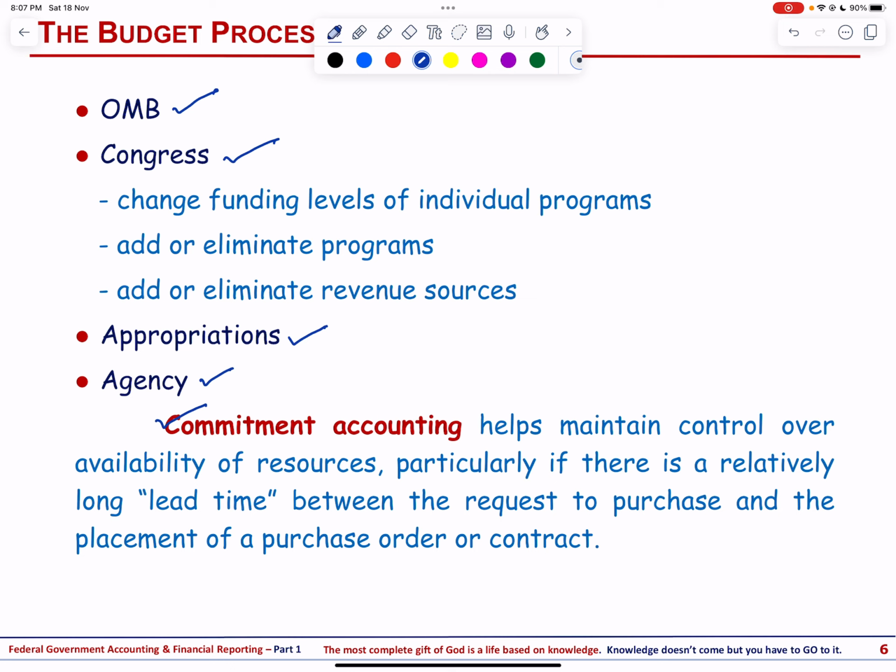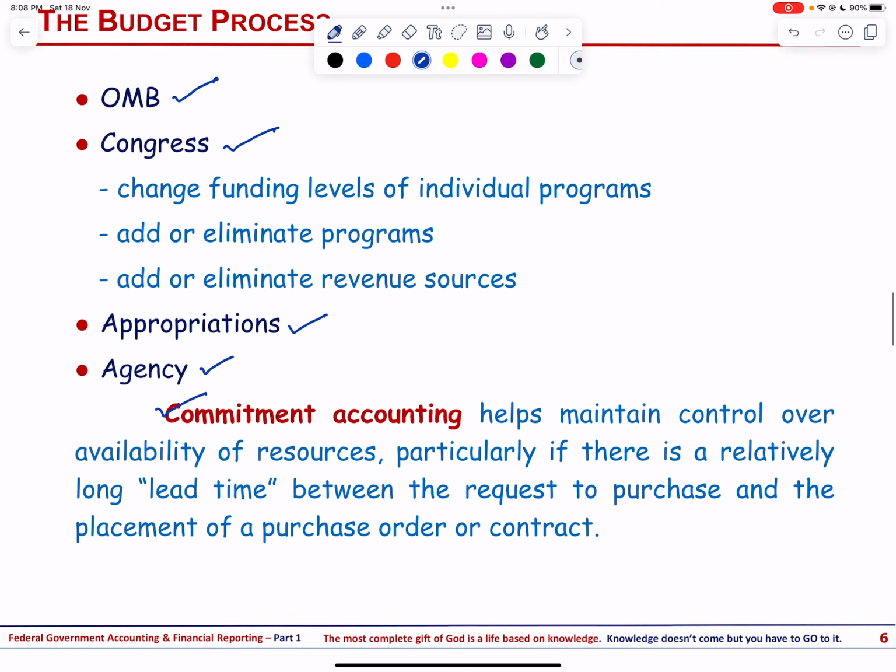Commitment accounting helps maintain control over availability of resources, particularly if there is a relatively long lead time between the request to purchase and the placement of a purchase order or contract. Let us see how the federal budgetary accounting cycle works.